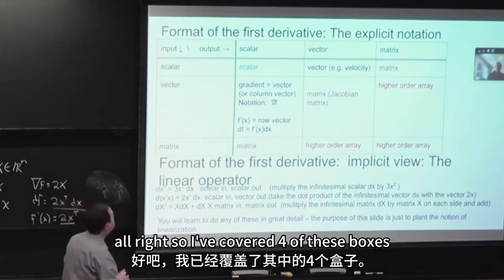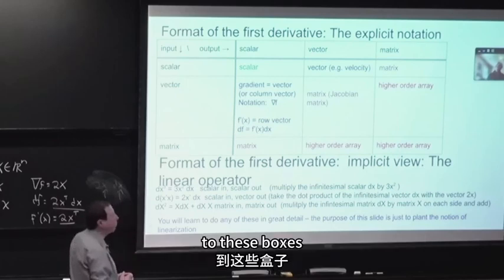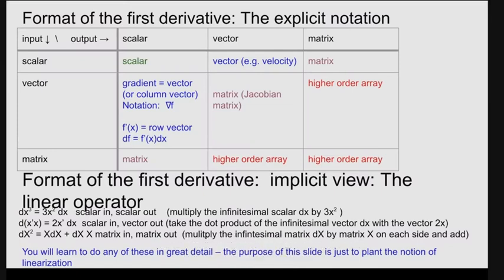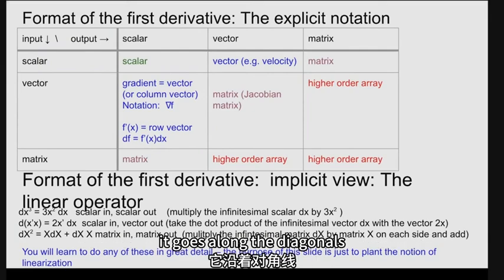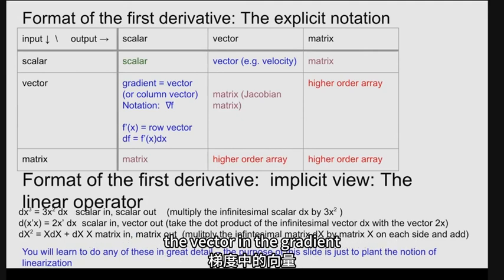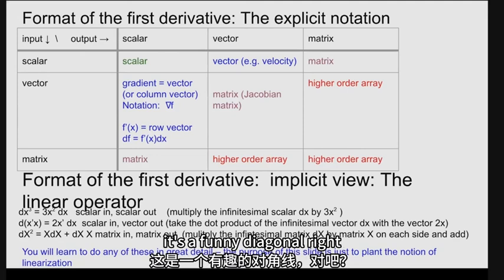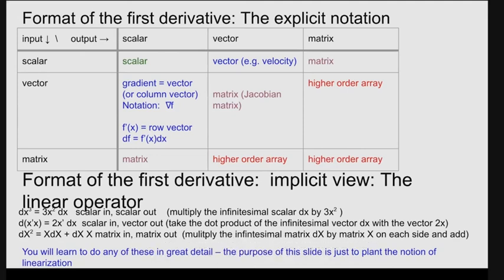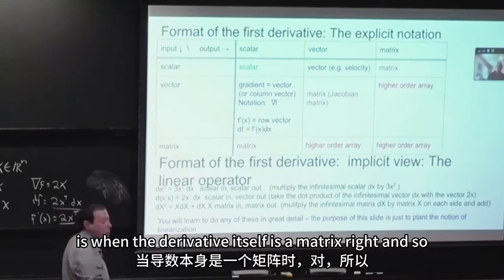All right, so I've covered 4 of these boxes. Let me point out the color coding you might have noticed. The green is when the derivative is 0-dimensional. It goes along the diagonals. The blue is 1-dimensional answers, the vector and the gradient, those 2 boxes. And then the next diagonal, a funny diagonal going from northeast to southwest, is when the derivative itself is a matrix.